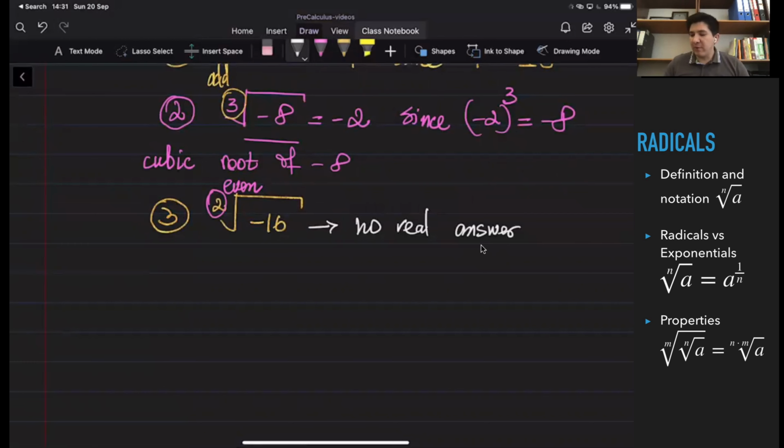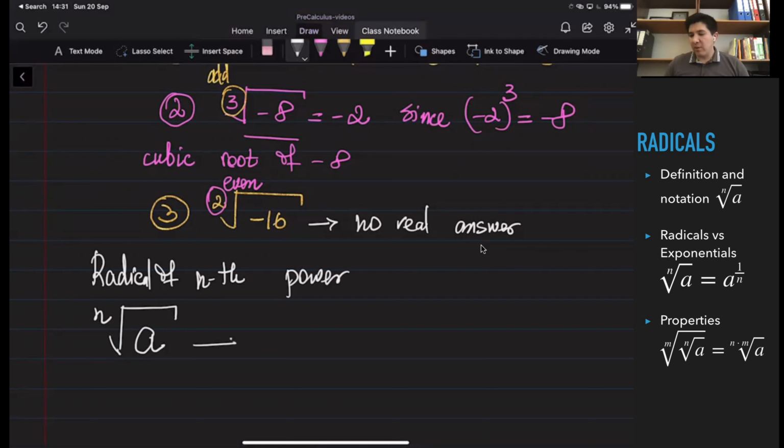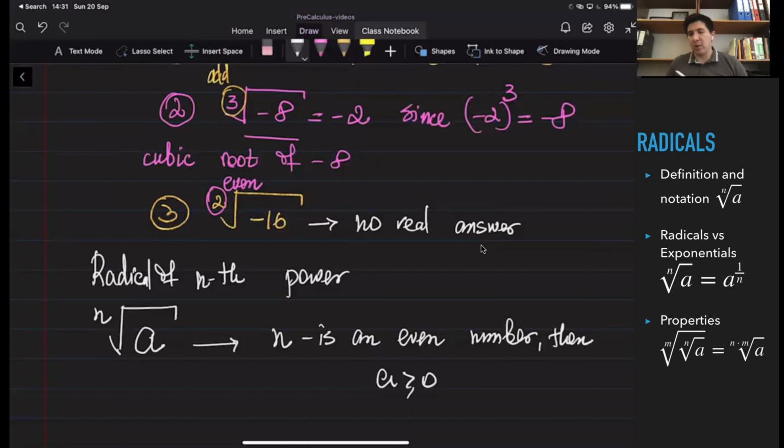So I'm going to define the radicals of the n's power like this. So this is going to be a radical of n's power, right? If n is an even number, then a should be positive, or equal to 0.